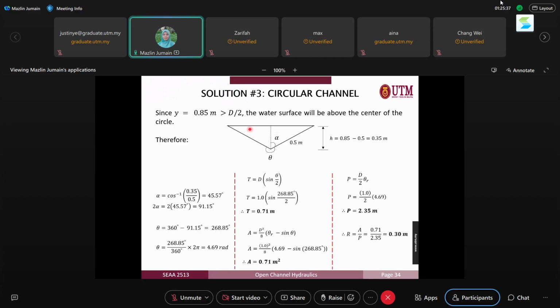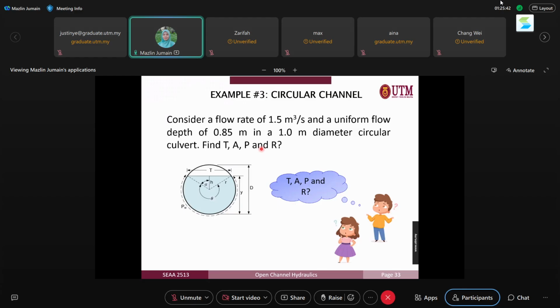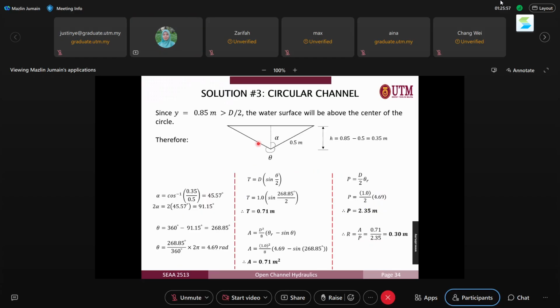So sepatutnya lah gambar dia macam yang ni lah. So we have the flow depth higher than the center point here. So you just consider the triangular shape here to be calculated first. Okay. So you need to calculate H dekat sini.